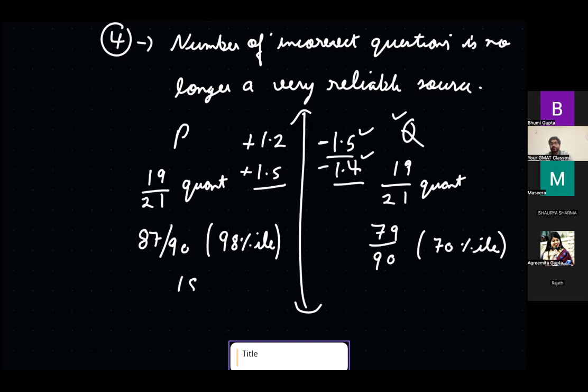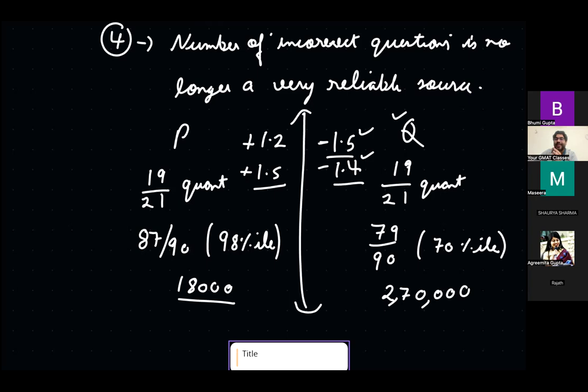So among 9 lakh aspirants, a 98 percentile means 18,000 rank. Just to give you perspective, because sometimes with percentile we don't get that perspective. So you did better than 8 lakh 82,000 people, and you are at 18,000th rank. A 70 percentile score means 2 lakh 70,000 rank. Both of them have attempted the same amount of questions. See the difference in their rank.